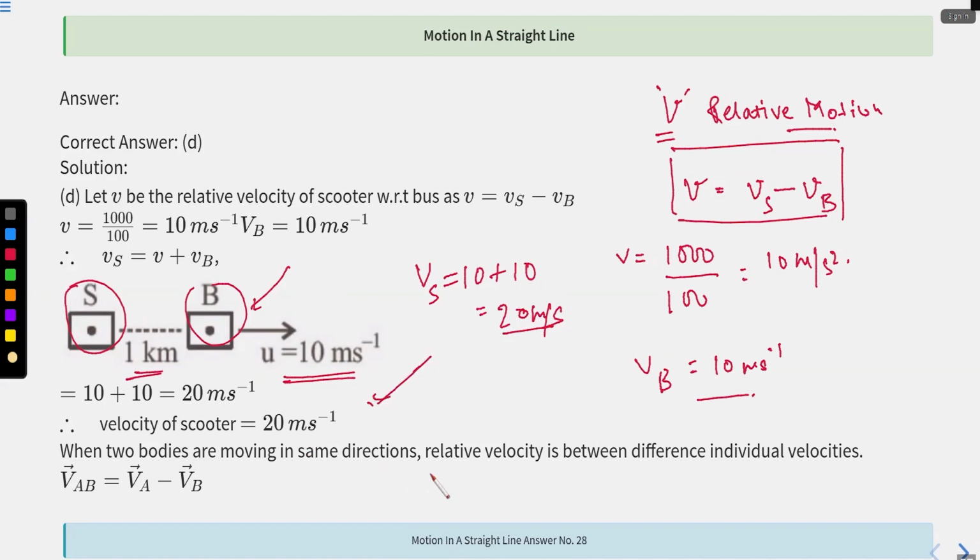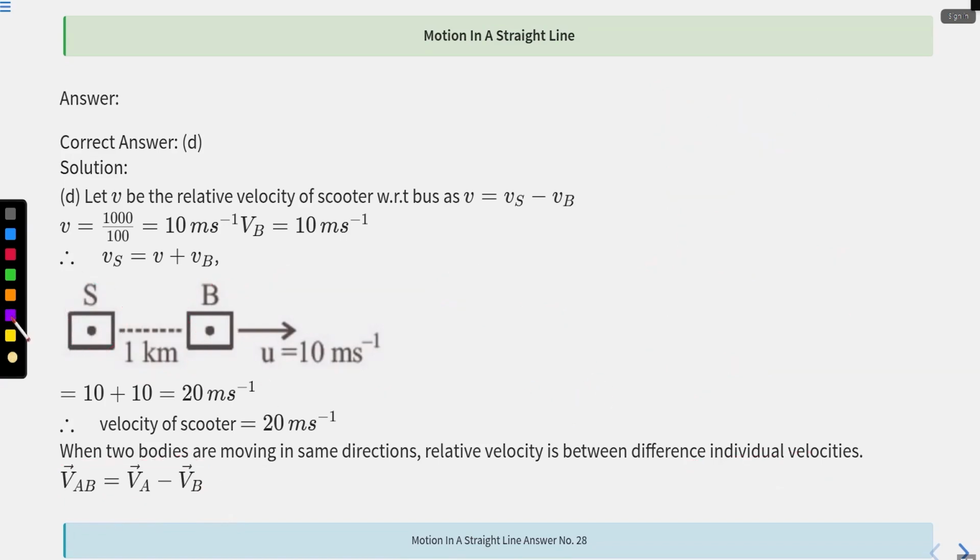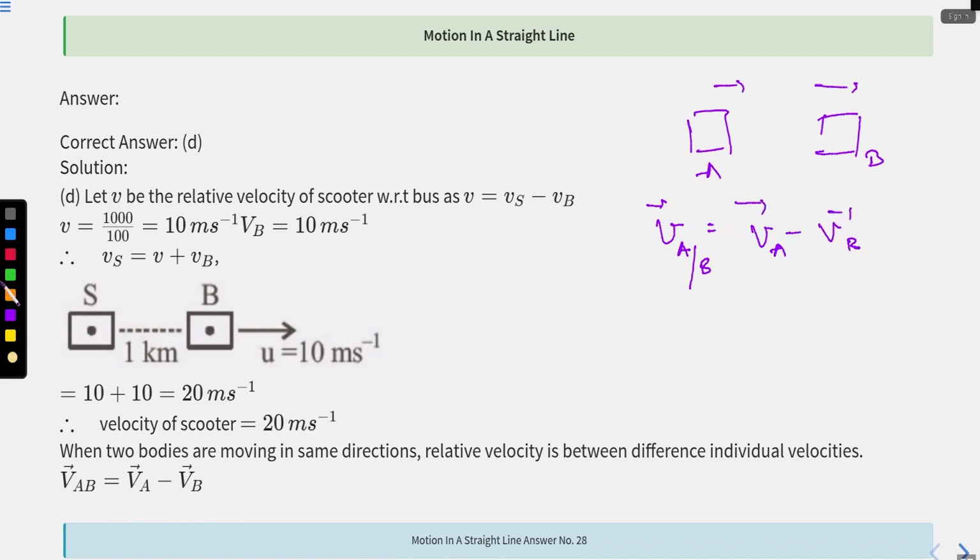When two bodies are moving in the same direction, their relative velocity is the difference of the individual velocities. What this note is trying to tell us is that, let's say this is an object A and this is an object B, both moving in the same direction. So the velocity of A with respect to B is given as velocity of A minus velocity of B. Why?